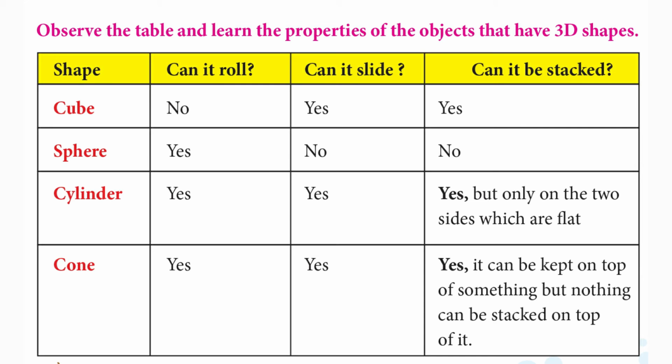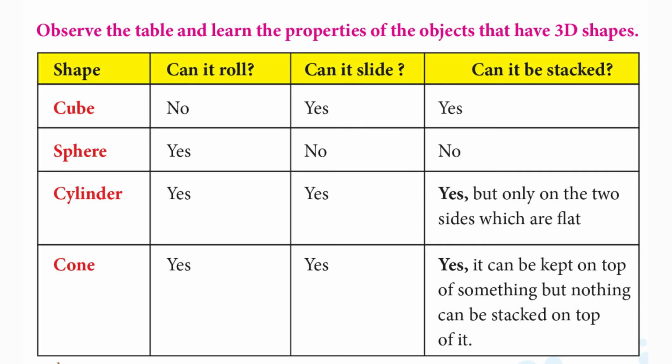Cylinder. Can it roll? Yes, because it has a curved face. Can it slide? Yes, because like we saw, the top and the bottom are flat surface or flat face. So it can be stacked and it can slide also.